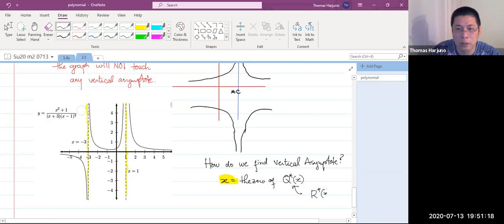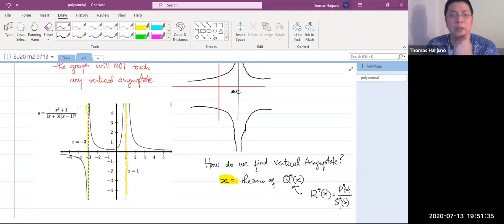If you remember, if I call the simplified version R star of x, that's P star of x over Q star of x. Okay, that's the vertical asymptote.